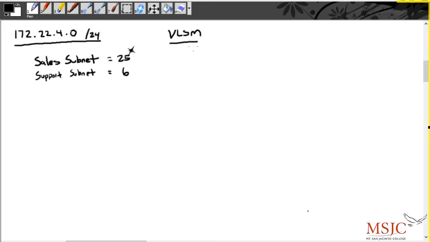So if we are currently on a /24, that means we have a subnet mask that looks like this.